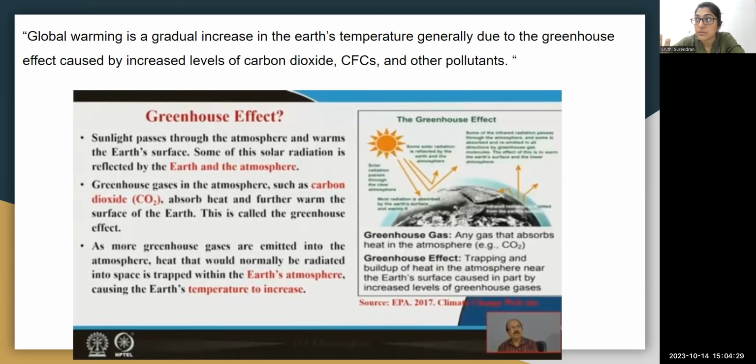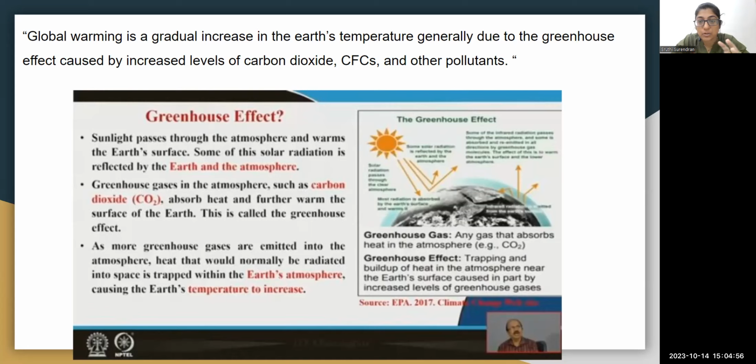So what is the greenhouse effect? The greenhouse effect is the process in which the heat within the Earth's atmosphere is trapped by certain gases like carbon dioxide, water vapor, chlorofluorocarbons, and other pollutants, which results in trapping the heat around the Earth's surface. Now, this greenhouse effect is a very natural process.